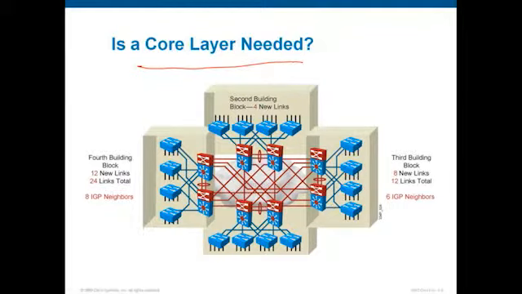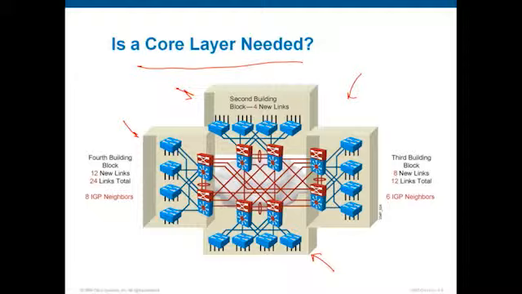In the case of a campus network, where in this example, for instance, multiple buildings, 1, 2, 3, and 4, connect to communicate or provide services to users in those buildings. If we don't provide a distinct core layer in the form of separate devices or at least separate functions, then we can see how the complexity starts building up.